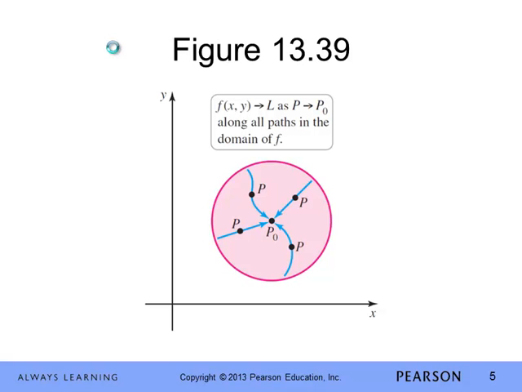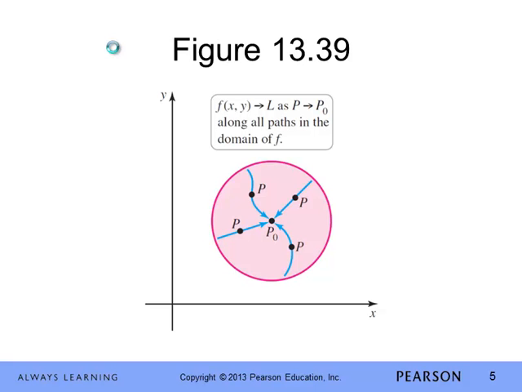And not only that, here's a new wrinkle in it: P, remember P is that variable point, will approach P naught with coordinates (a, b) from all different paths. And this is what makes it a little bit more exciting for the two variable function compared to the one variable function, because with one variable, you're either going to approach x naught from the right or from the left.